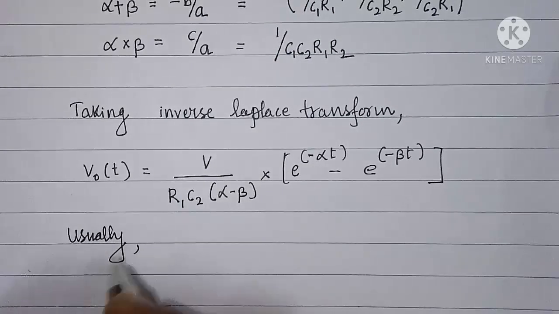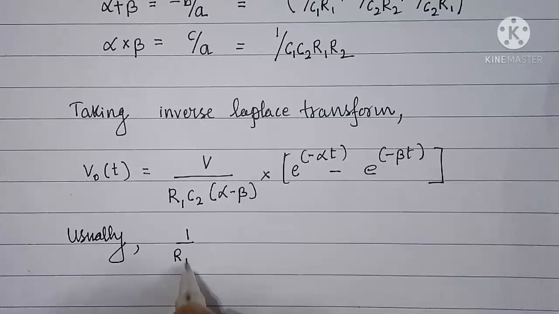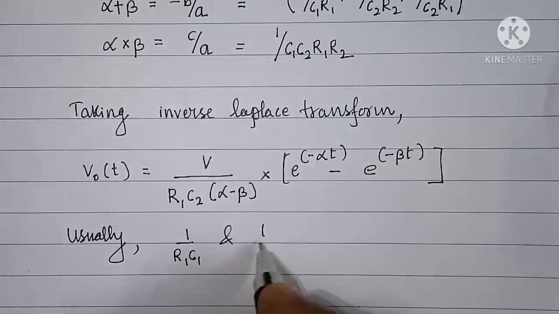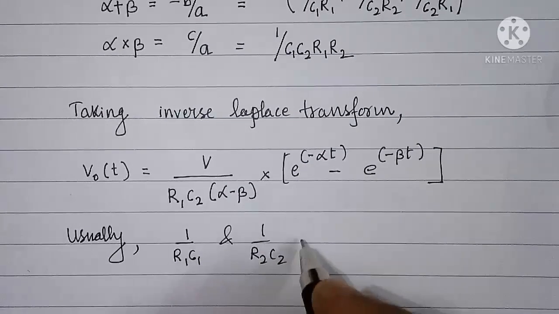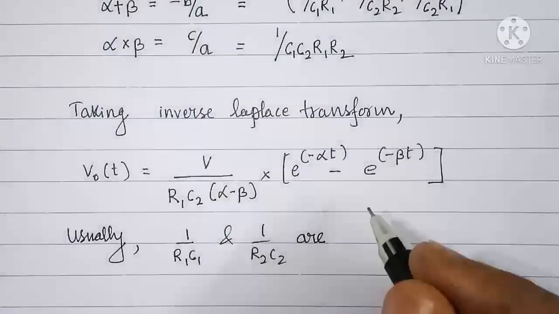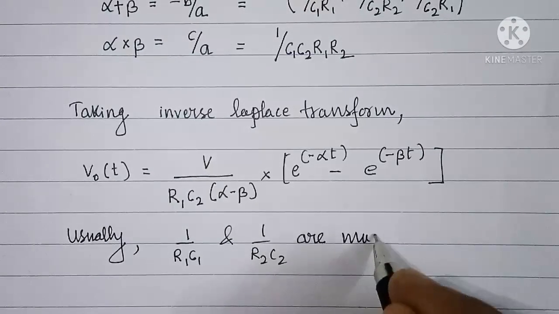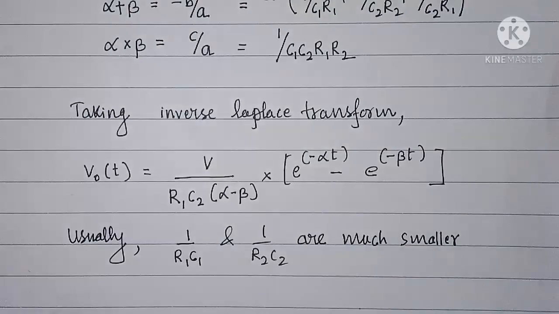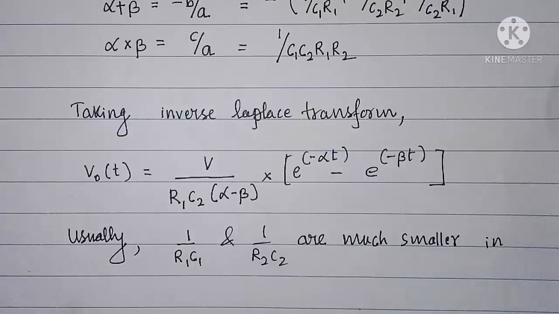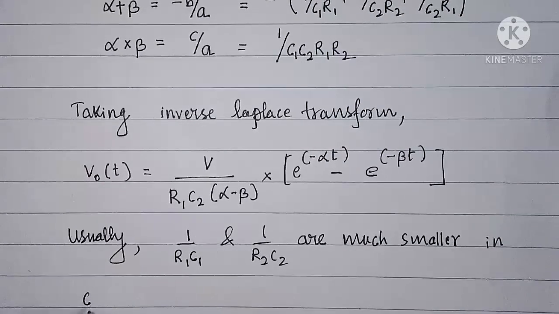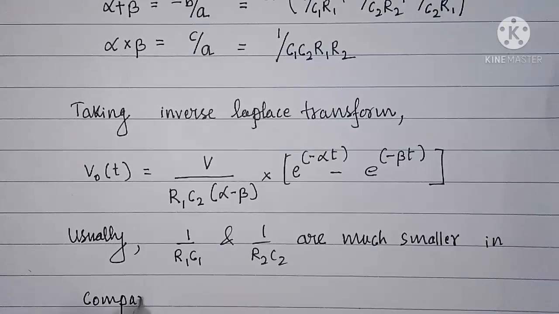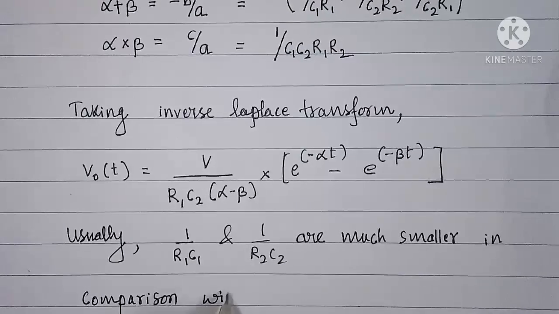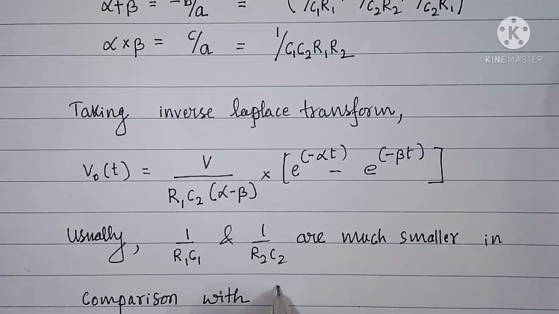Usually 1 by R1 C1 and 1 by R2 C2 are much smaller in comparison with 1 by R1 C2.